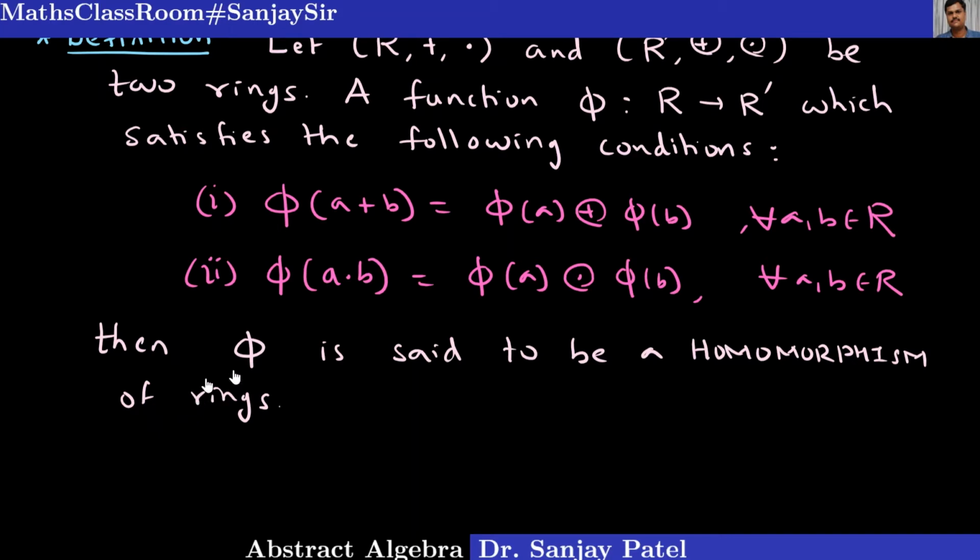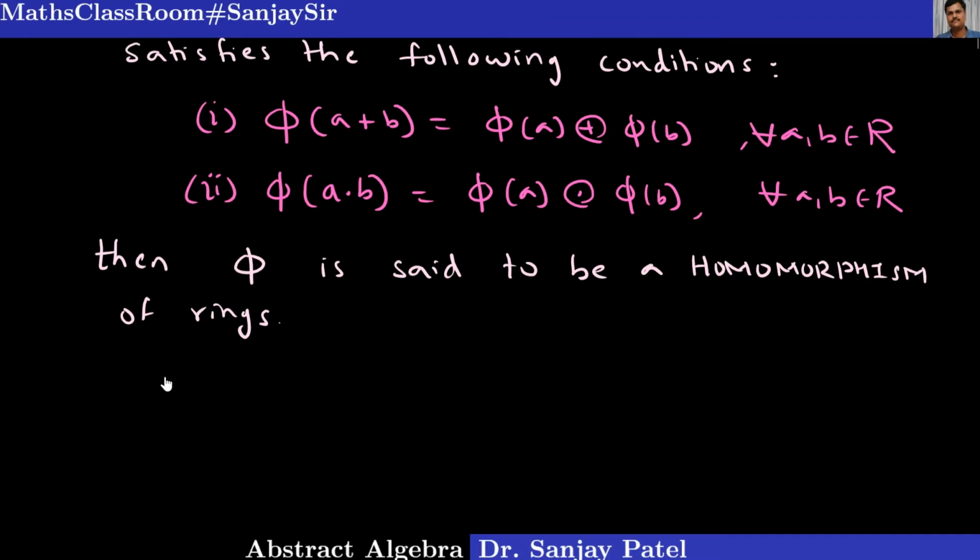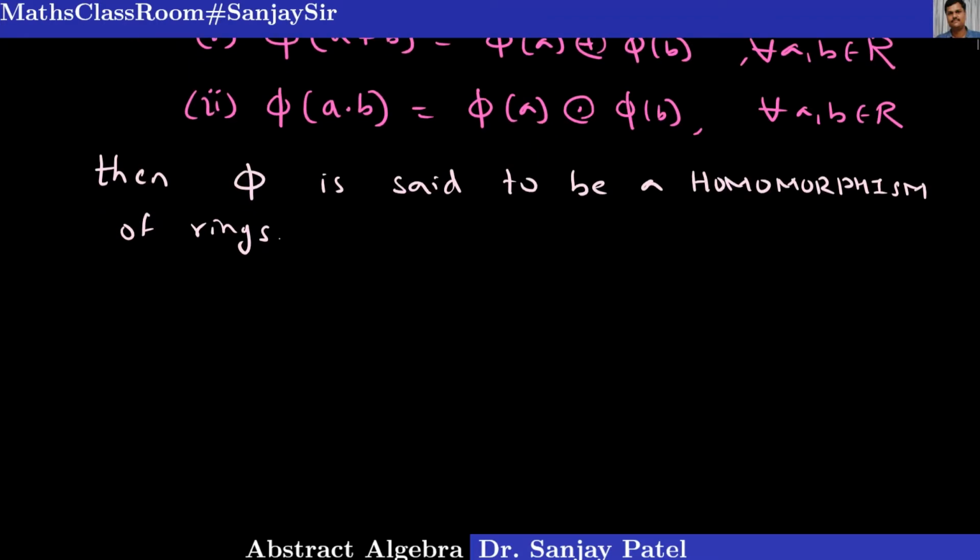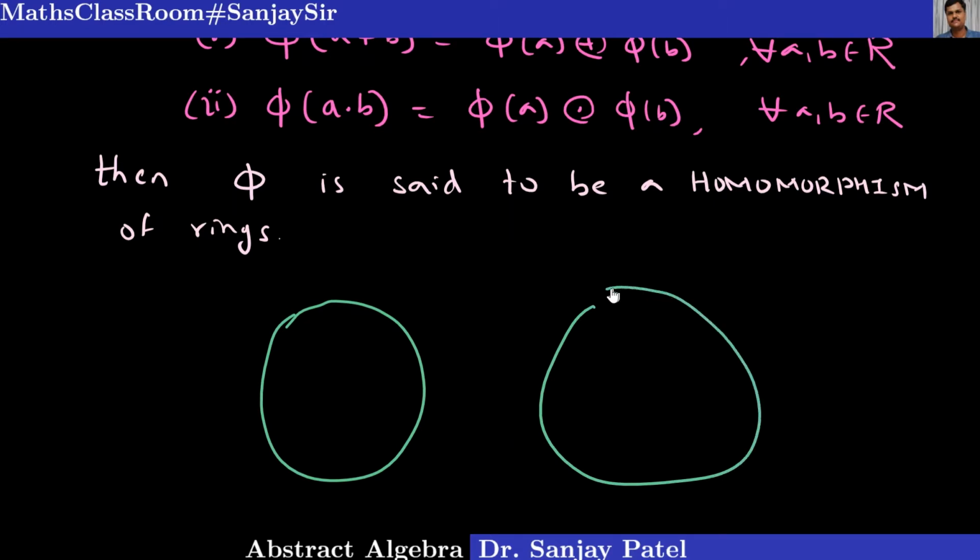Before we take examples of homomorphisms of rings, let me explain what is happening in this homomorphism. Suppose we have one ring R and another ring R'. This is R, and this ring is R', and φ is a function from R to R'.